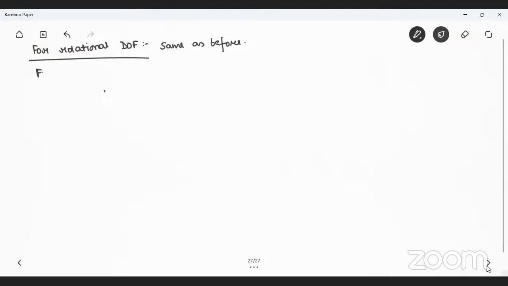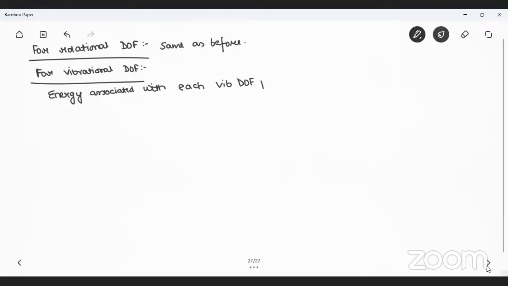But for vibrational degrees of freedom, the energy associated with each vibrational DOF per molecule, what will be the formula? The formula will be kT only, no half and anything.